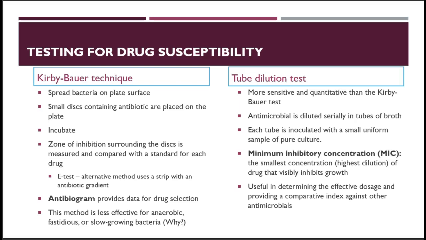We're going to measure that zone of inhibition and determine whether the organism is susceptible or resistant to that particular antibiotic. And there is a standard available to compare the size of the zone of inhibition to determine resistance or sensitivity. And these are helpful in creating what is called an antibiogram.